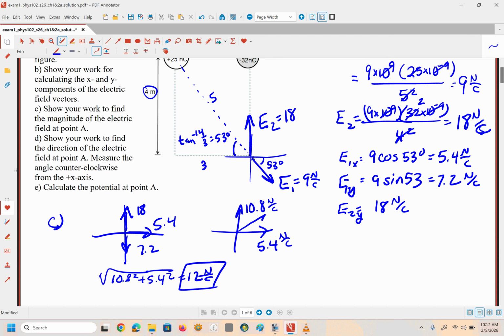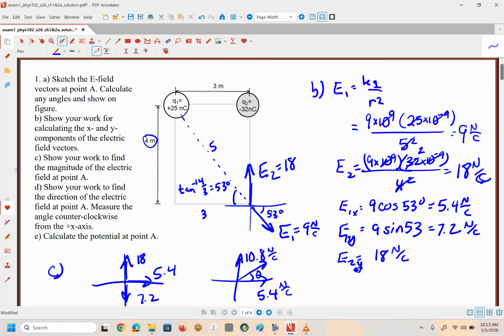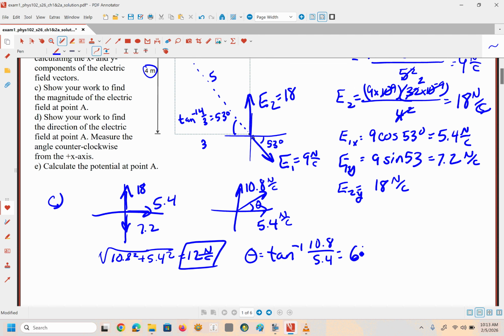So if this vector is right here, I want to know what this angle is. That's relatively easy to find. It's first quadrant. It's just the inverse tan, or the opposite over adjacent. That's 10.8 over 5.4. I get 63 degrees. And that's the angle that I want, because that's the angle above the positive x-axis. Okay? And that's the second big answer I'm looking for.